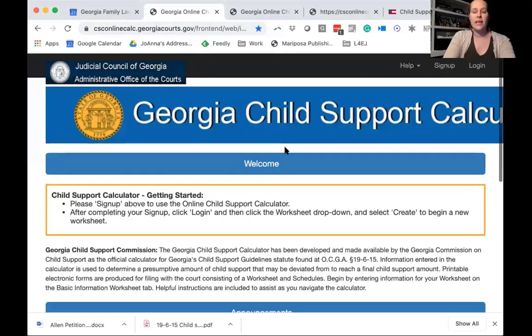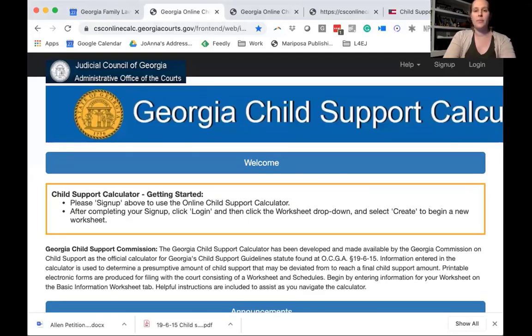You may see some attorneys still try to use the Excel version. Sometimes that is no longer an appropriate thing for people to use. They are no longer updating the Excel worksheet.